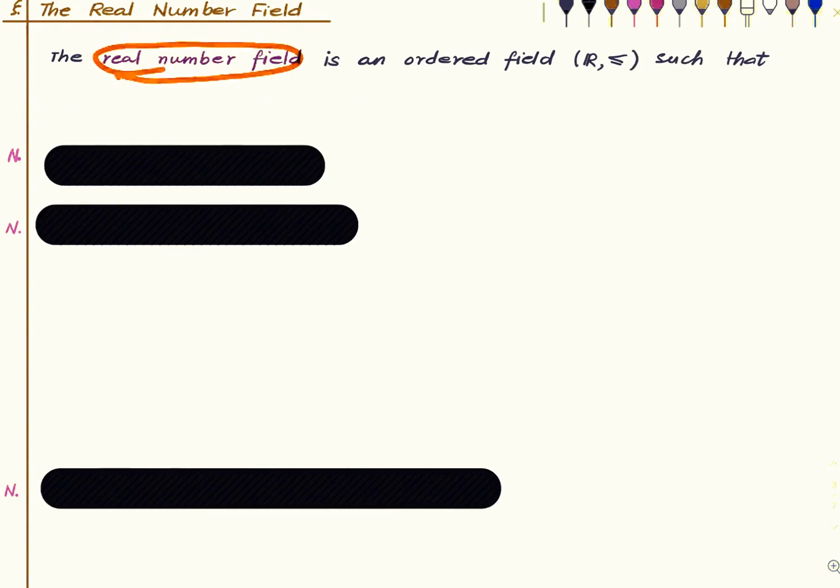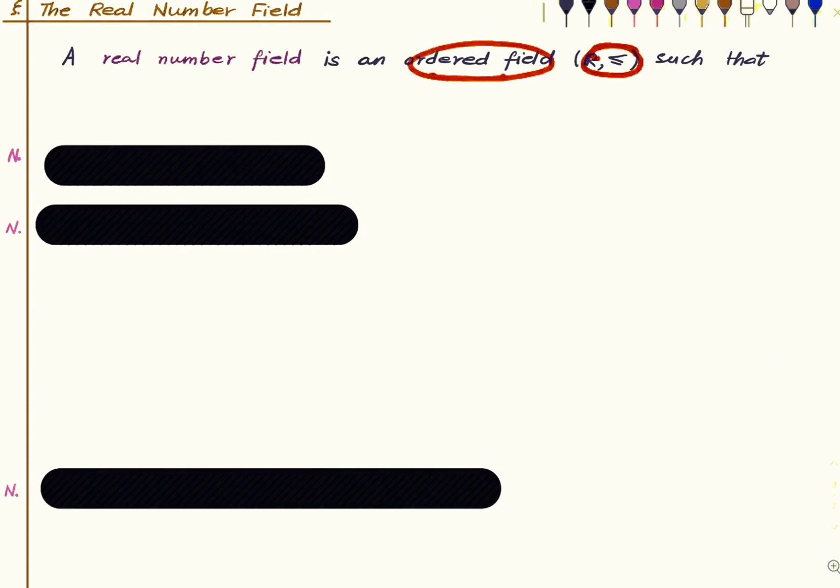So the real number field, or I should say a real number field, at the moment I cannot say the real number field, is an ordered field denoted this way. This is just a new symbol, which is an R with a vertical bar accompanying it. It's an ordered field such that a certain property is satisfied, which is just the insistence that whatever we lacked in rational numbers, we do not lack in this hypothetical ordered field.